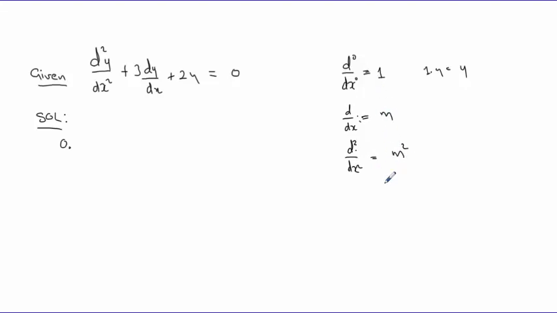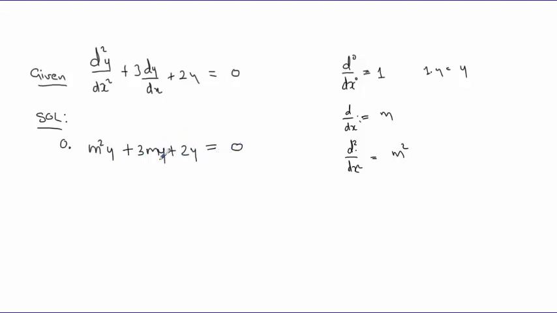Now if we look at it in that fashion, we're simply going to have m squared for the second differential operator multiplied by y, plus 3my plus 2y equals 0.